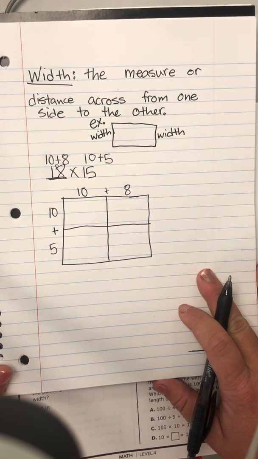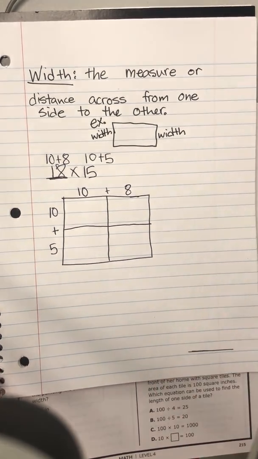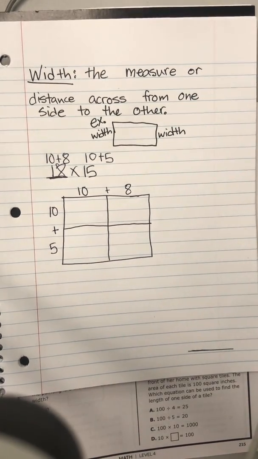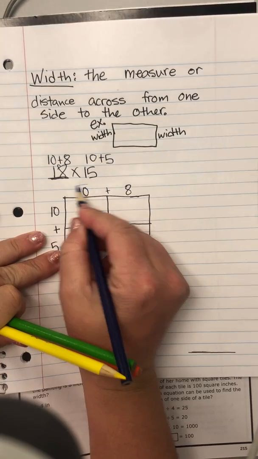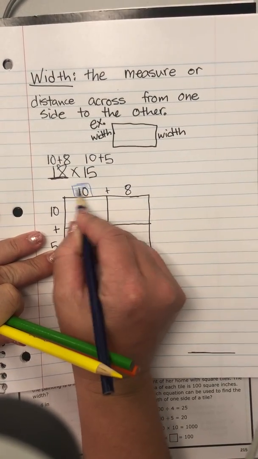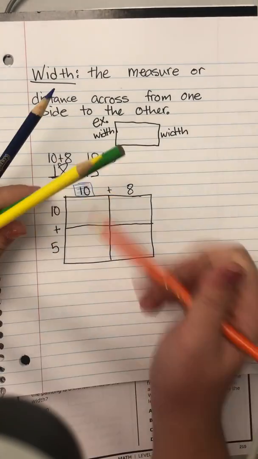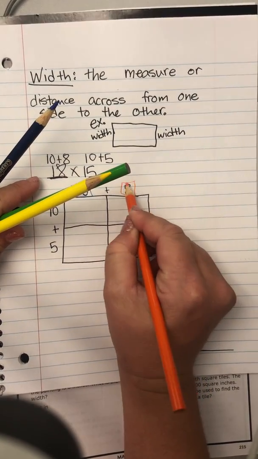Okay, so now if I was to use colors, 4 different colors, and I gave each number a color: 10 is going to be blue, 8 is going to be orange.